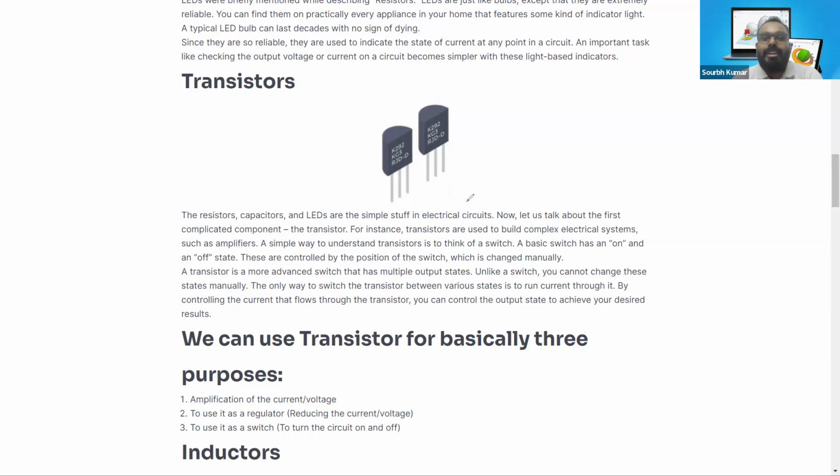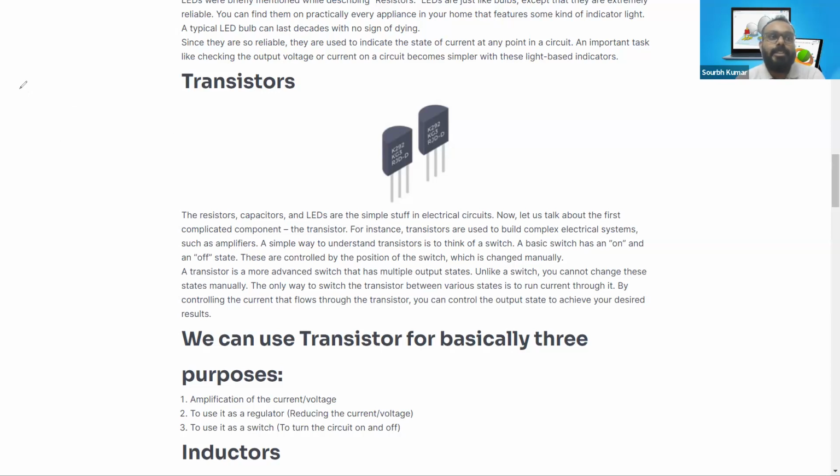Does anyone have any idea why we need transistors in our electrical circuit? Apart from amplification and switching, is there any other scope of use for this particular electronic component? Anyone? Okay, so we can utilize transistors for almost three basic purposes.